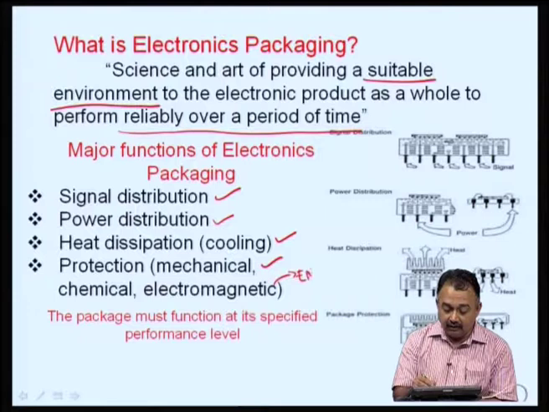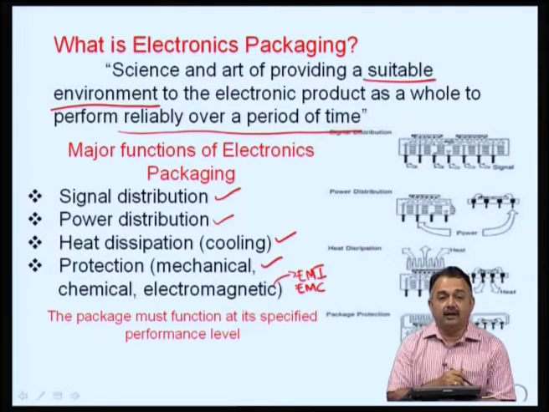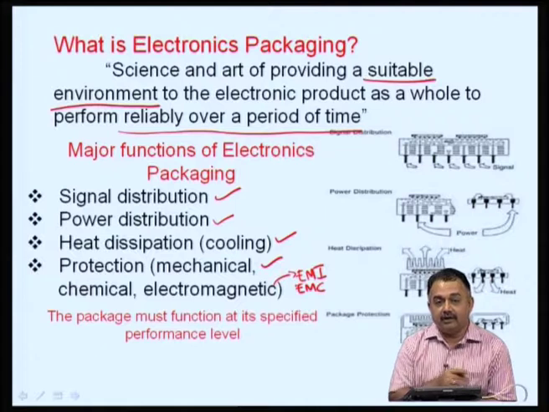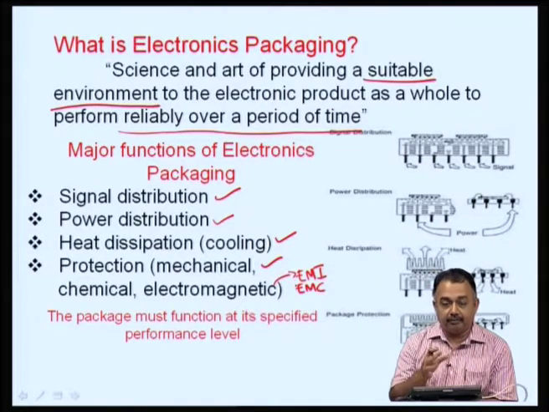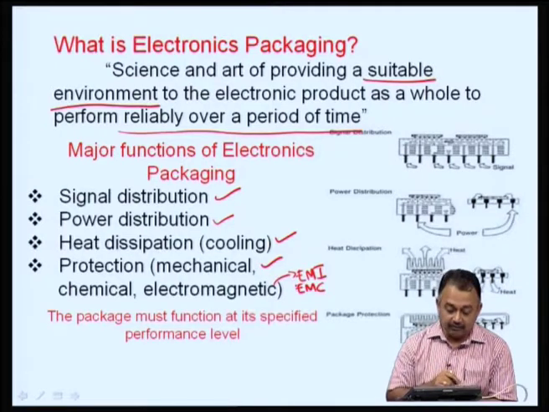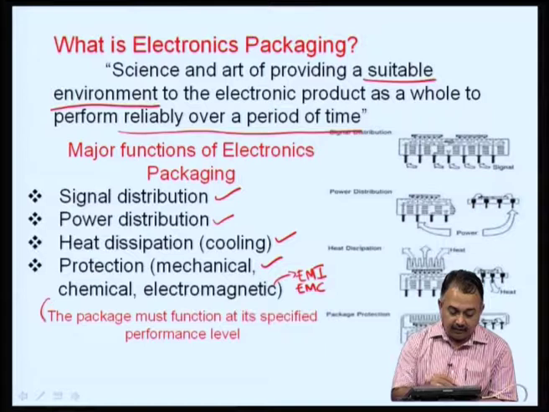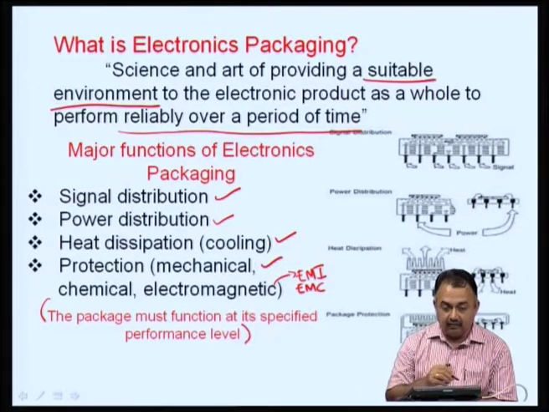Here we are going to look at EMI, electromagnetic interference or electromagnetic compatibility of the system. Electromagnetic interferences are always there when a system is powered up, so you have to look at how you can protect a system from them, and the package must perform at the specified performance level.